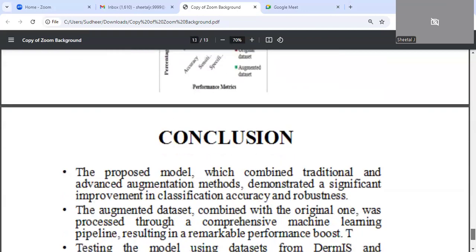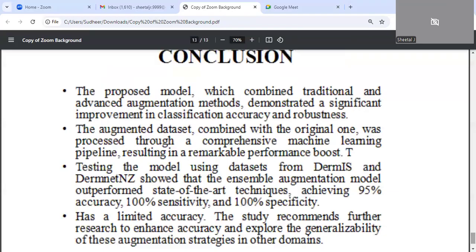Then coming to the conclusion. Due to the scarcity of available data sets, we implemented an augmentation technique to enhance the data set. Here we make use of an ensemble model, combining both traditional and advanced methods.